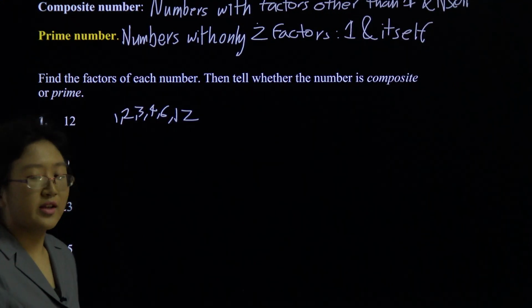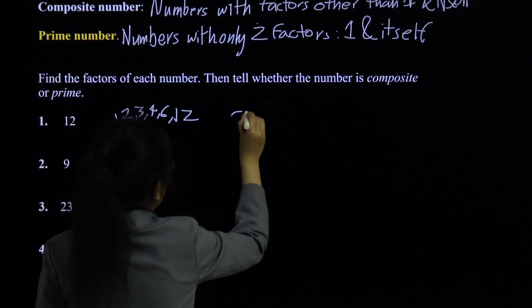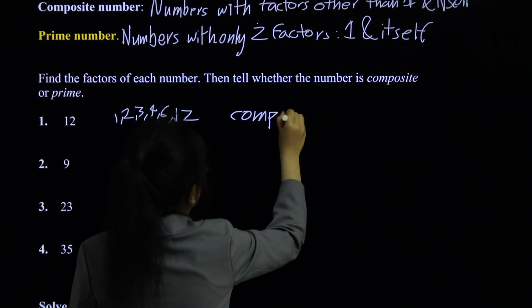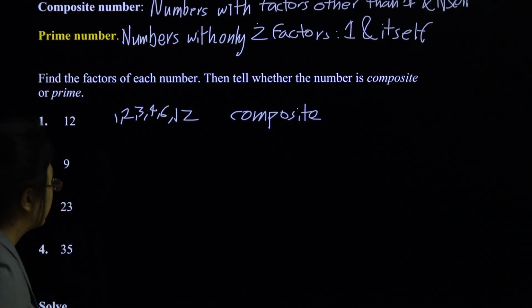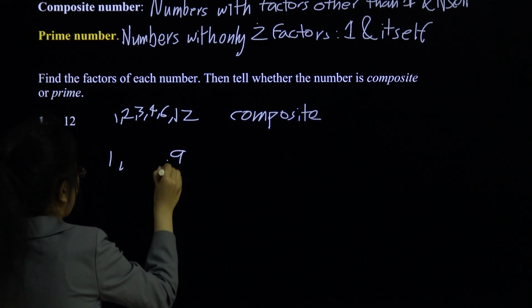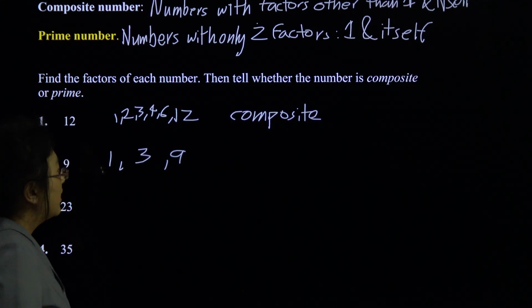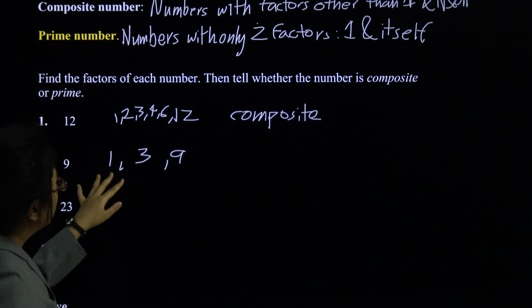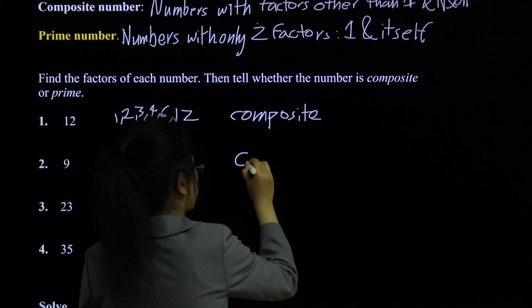Now that's definitely factors other than 1 and itself, so it's composite. 9. 9 has 1, 9, and 3, but 3 and 3 are the same number, so it's just 3. But that's still something other than 1 and itself. Therefore, 9 is also composite.